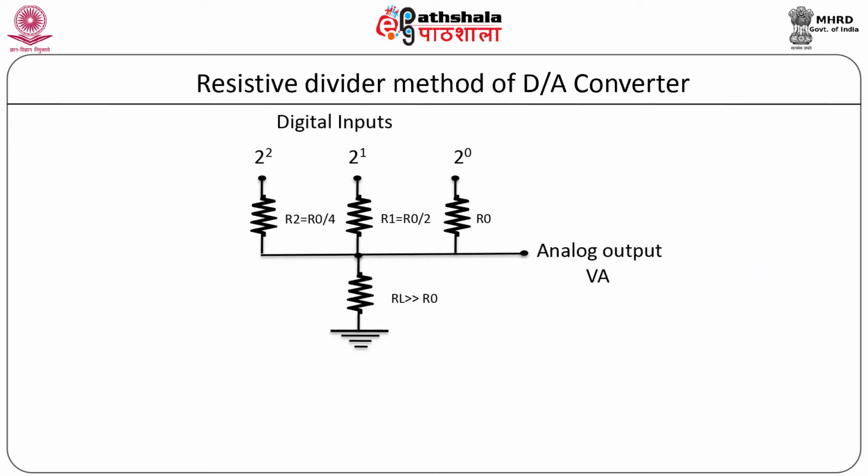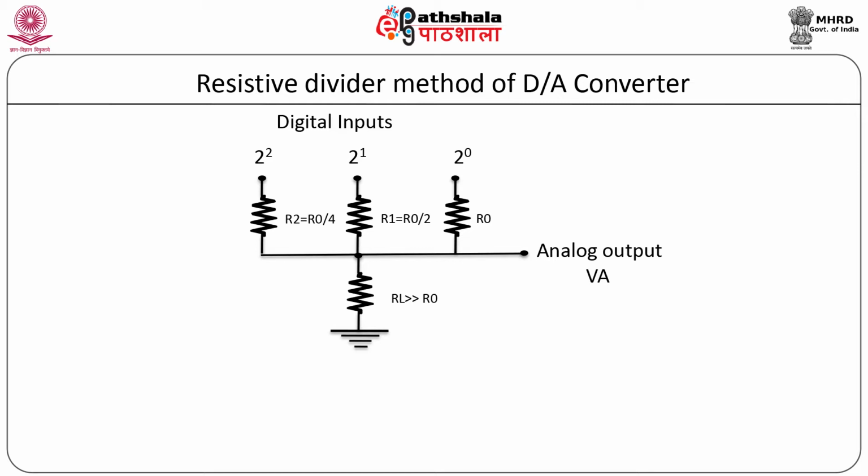As seen in the figure, the method which contains resistor values such that the value of each resistor is half of the previous value is known as resistive divider method of DA converter. We see from the figure there are three resistors R0, R1 and R2.